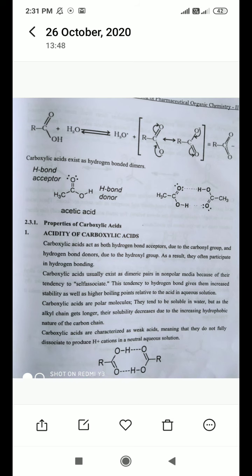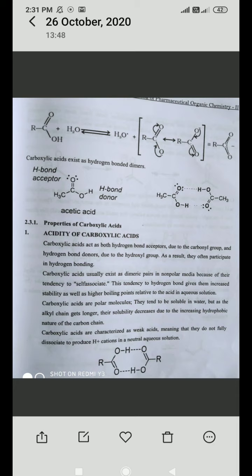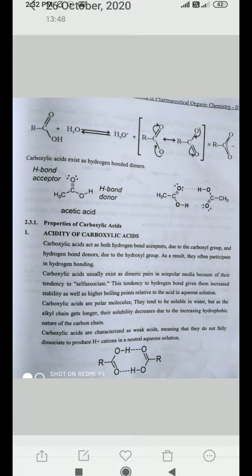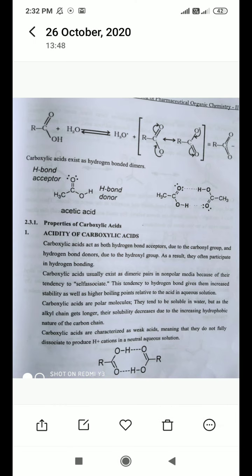Polar is also called hydrophilic, because an OH group is present, and hydrophobic is also called non-polar. Non-polar means cyclohexane, benzene, or a long carbon atom chain. These compounds become non-polar or hydrophobic in nature. This is the polar and non-polar compound.